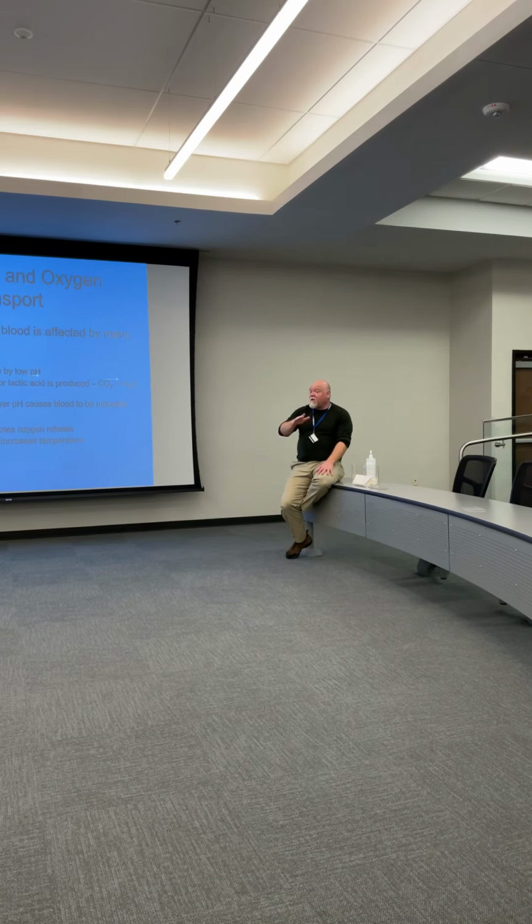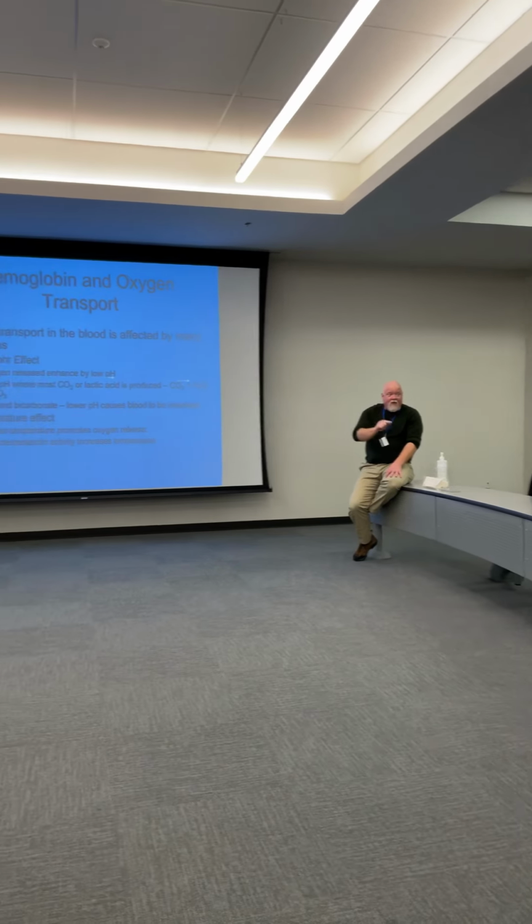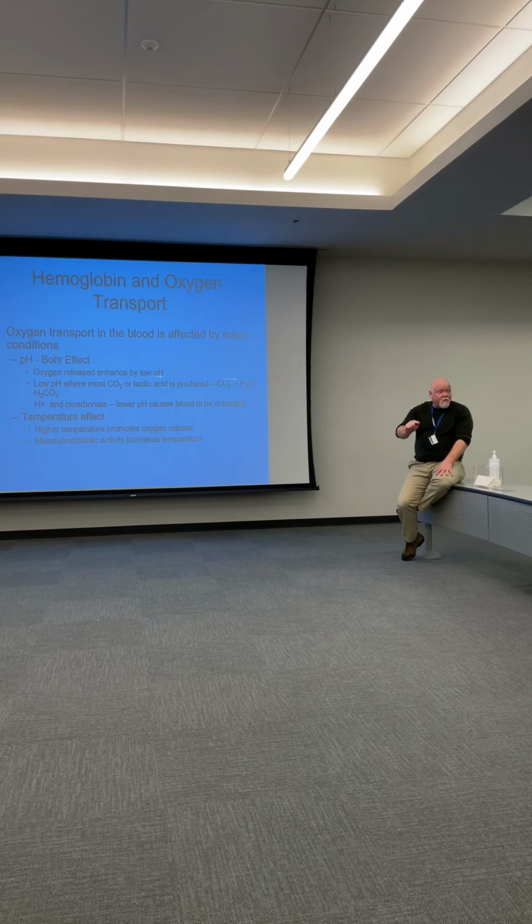So what we found out that helped the whale was that they sent oxygen to places where the pH was the lowest at first. Oxygen dissociates from the hemoglobin molecule better if it's at a lower pH.